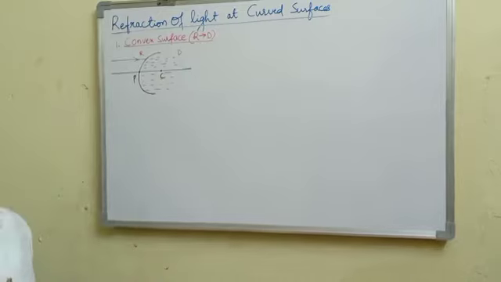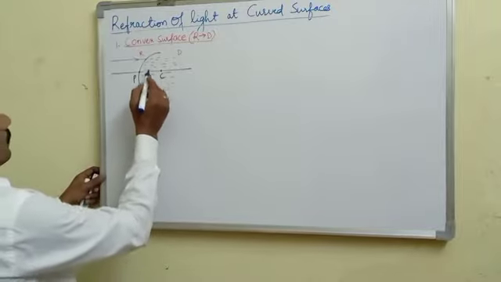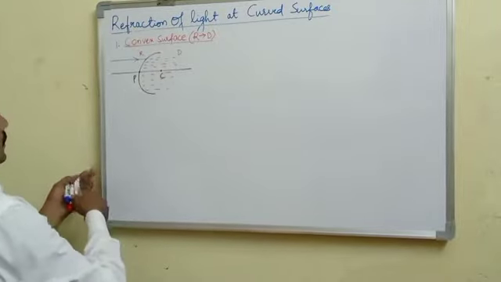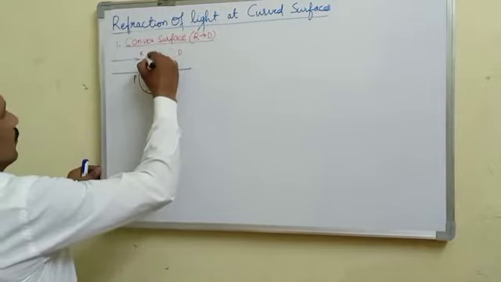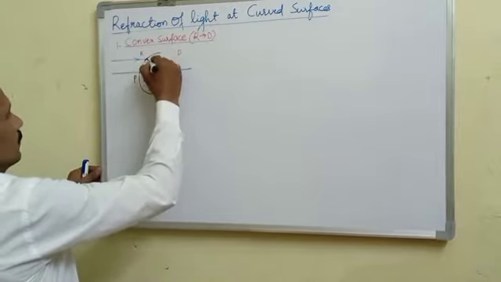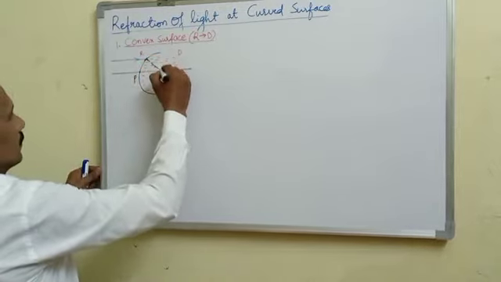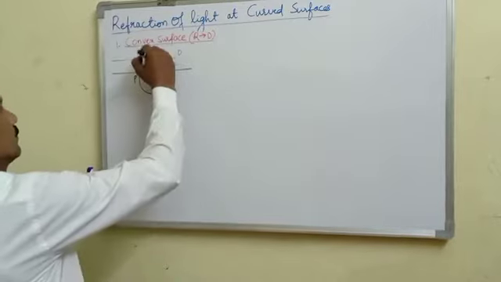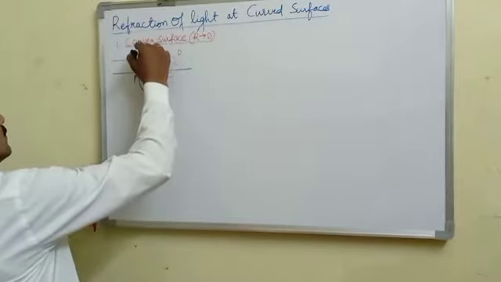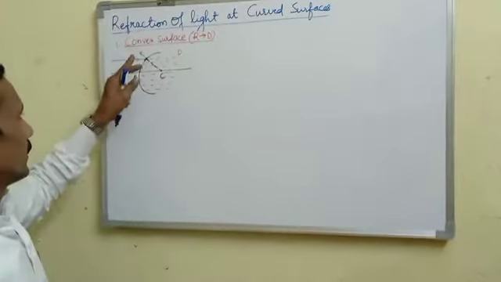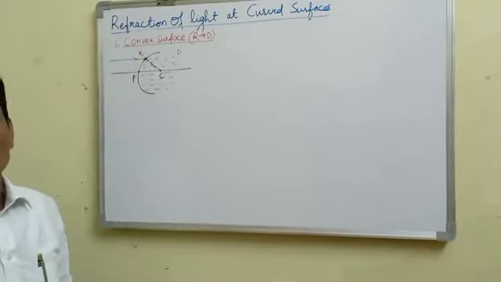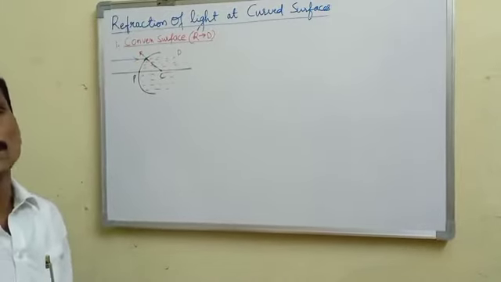What happens then? We studied this at plane surfaces. Now this is the normal at point 2. So when a light ray passes from rarer to denser, it bends towards the normal.